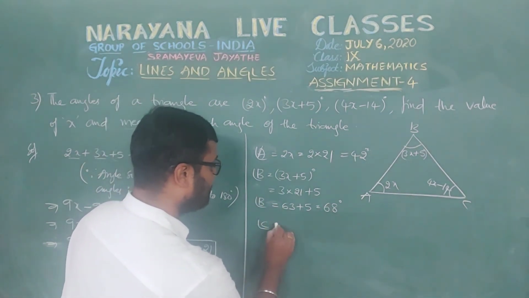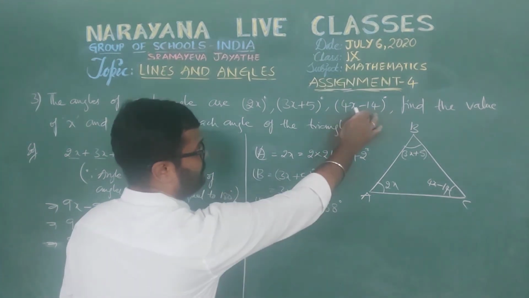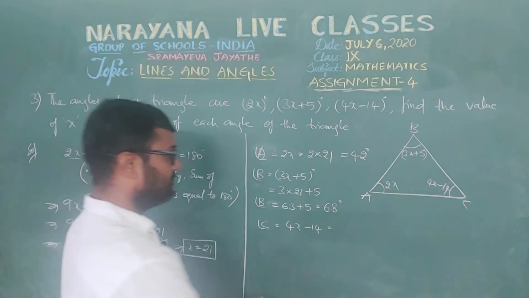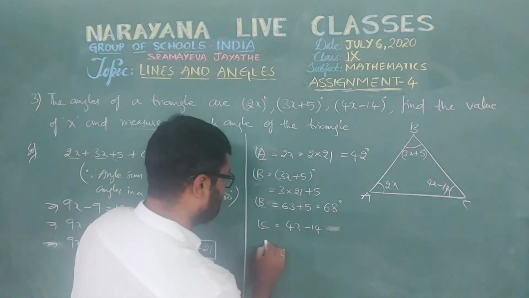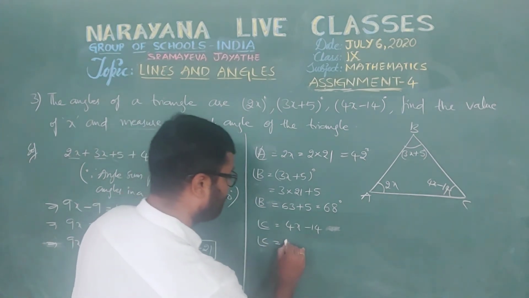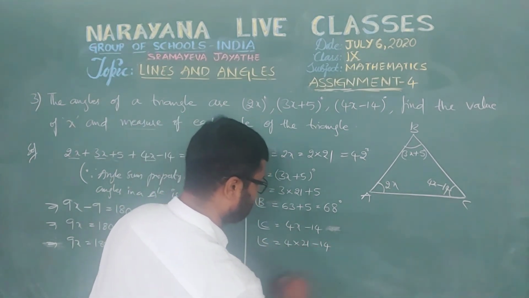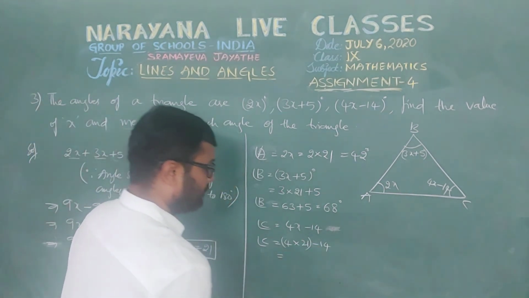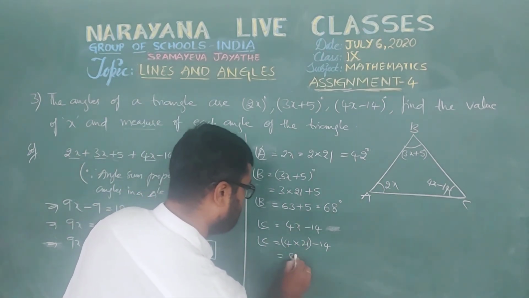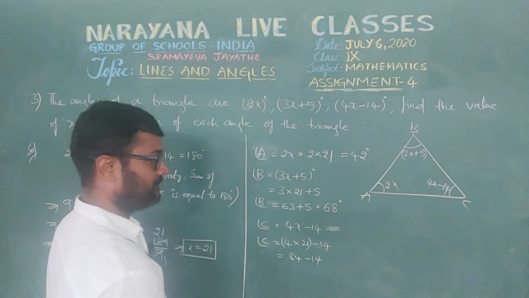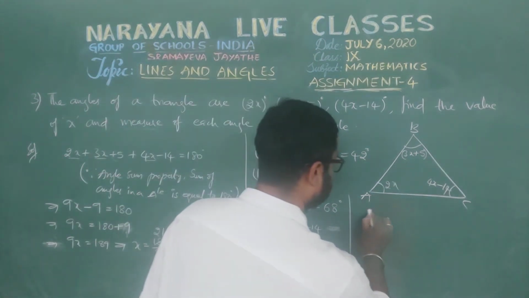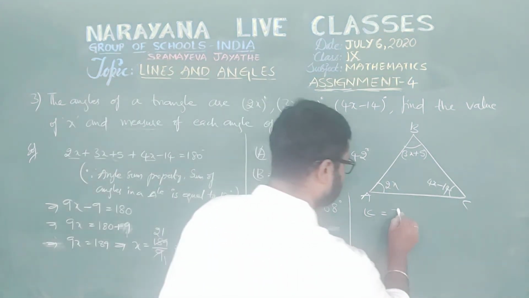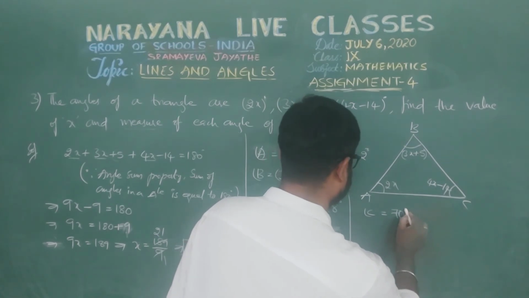Now angle C is equal to 4x minus 14, isn't it? Now angle C is equal to 4 into 21 minus 14, which is nothing but 84 minus 14. That is nothing but 70.